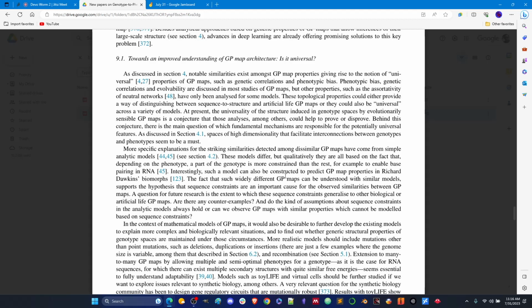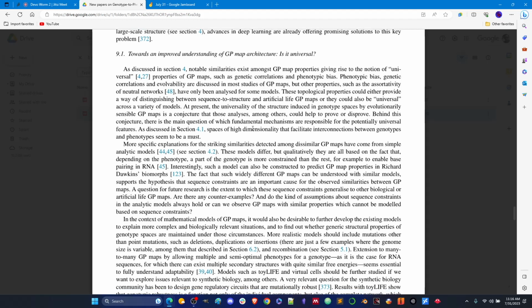We also know that we were biased towards certain combinations of genotype to produce a phenotype, and only those certain combinations that are favored maybe by viability criterion or by selection or by neutral processes or by development are going to be viable. But is it universal? Does this always need to happen?